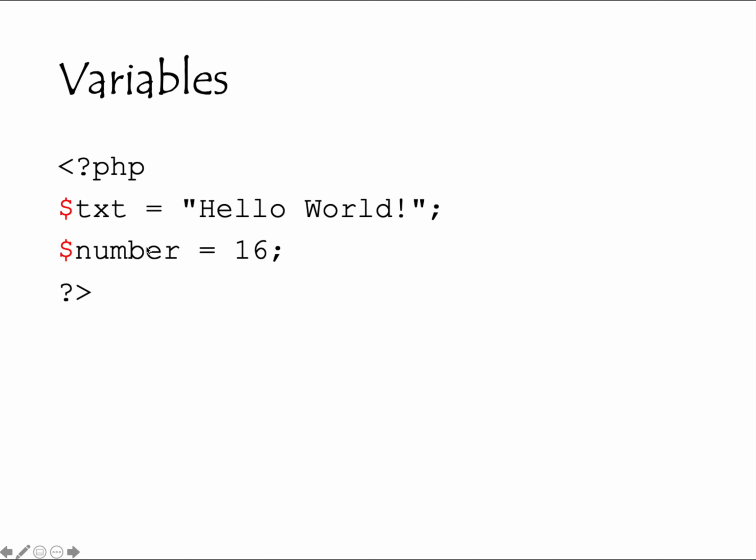This is a way to use a variable. If you look at your class notes, there are some more details on how to name a variable. For example, you can use alphanumeric characters and underscores for your variable names, but you are not allowed to use special characters or something like that. So read the notes in your class notes.